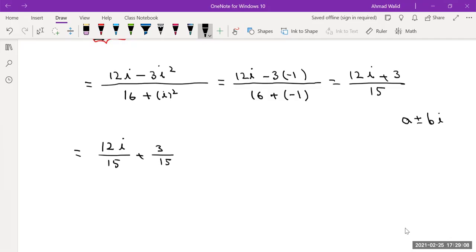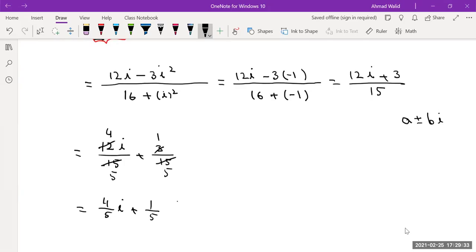If you can simplify, simplify. 12 and 15, both of them can be divided by 3. Let's simplify it by 3. 3 goes 4 times into 12, and 3 goes 5 times into 15. Here, 1 and 5. Then my final answer will be 4 over 5 i plus 1/5.